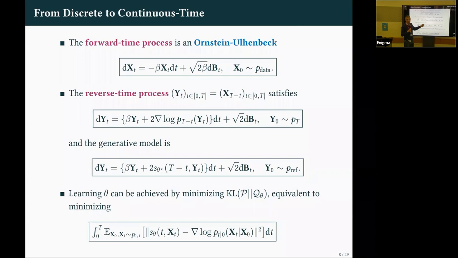Remember I had established the loss, but I had basically done it by hand. It turns out that if you minimize the Kullback-Leibler discrepancy between this path measure and this path measure, with respect to theta, you end up minimizing this loss, which is exactly the continuous-time version of the loss I had written before. So it's just a KL minimization problem. That's nice.